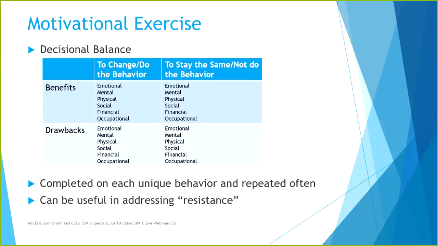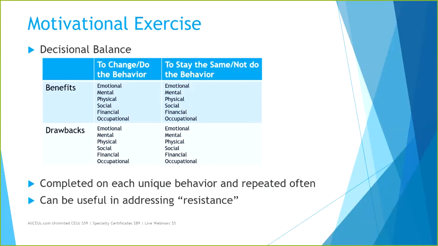And I've put the cues in there, if you will, to remind you to look at the emotional, mental, physical, social, financial, and occupational consequences, and others you can add on there, for each change, desire to change, or desire not to change. That really helps people hone in and look at it more completely.